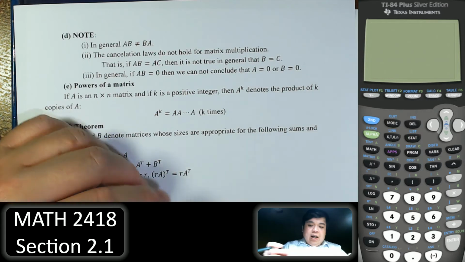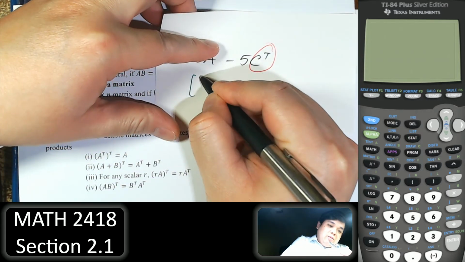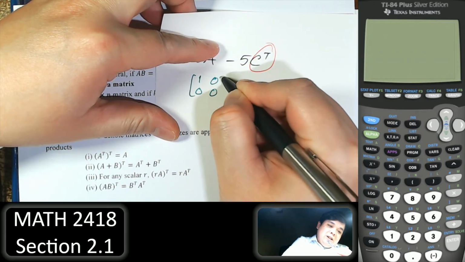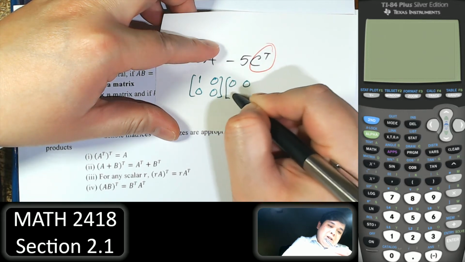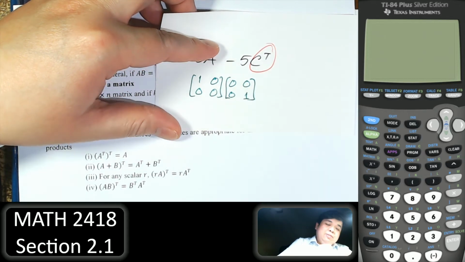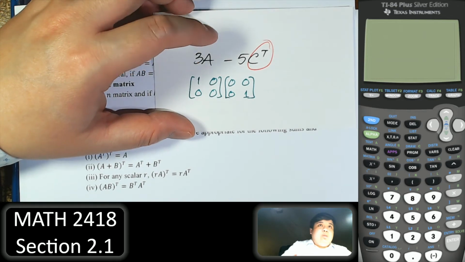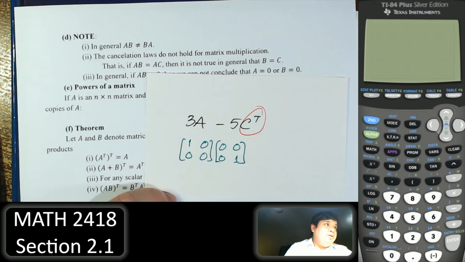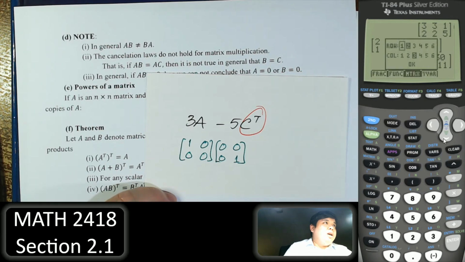Yeah, let's consider one example. I think we can come up with one. Right, so when we multiply these two together, we have 0. Just do this quickly.